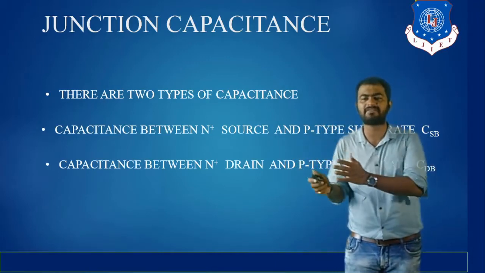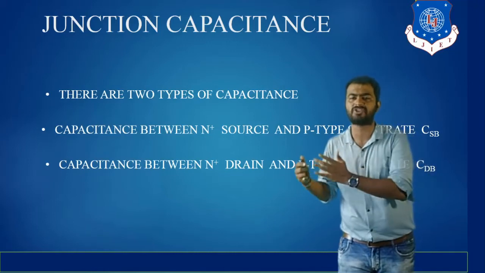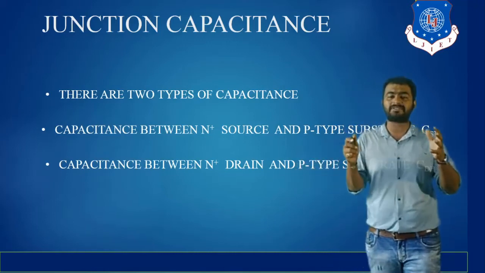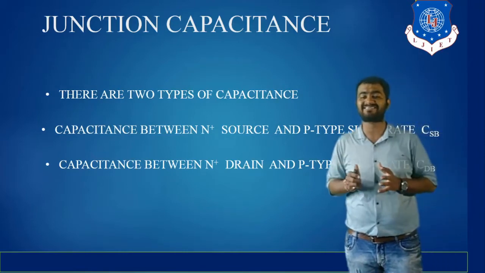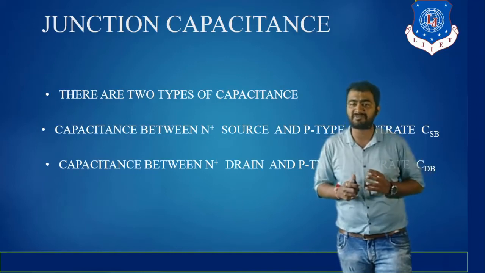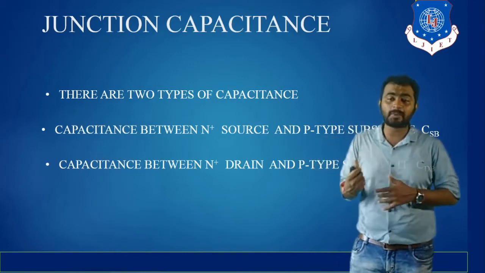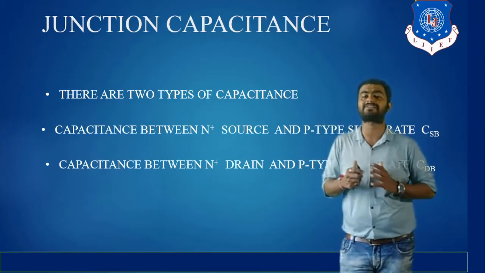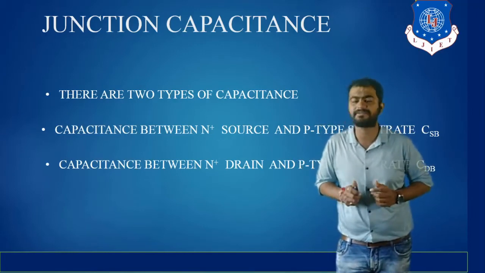In terms of the body, we are talking about the drain and source related capacitance. Ideally we work on the gate, drain and source terminals, but in practice a fourth terminal also exists, called the body, or the substrate bias coefficient.